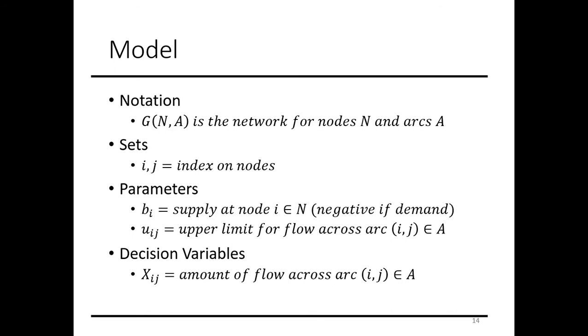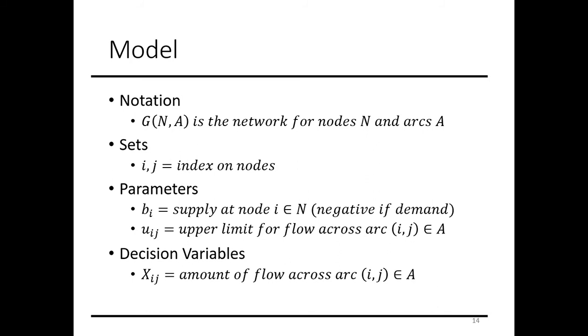As in traditional network theory, we have a network G that consists of a set of nodes N and a set of arcs A, and the nodes are indexed on i and j. We have a supply and demand, represented by b_i, where if b_i is positive, then it's a supply coming out of a node, and if it's negative, then it is demand going into a node.